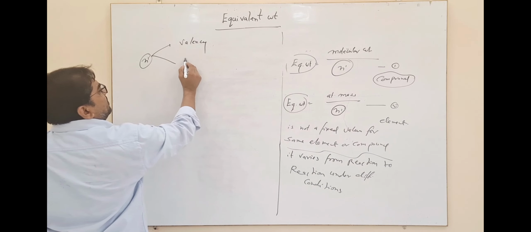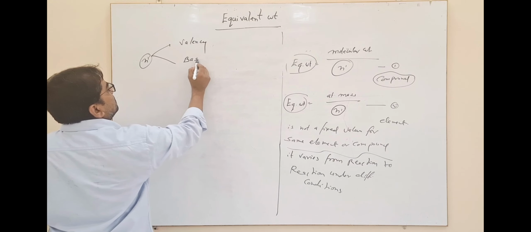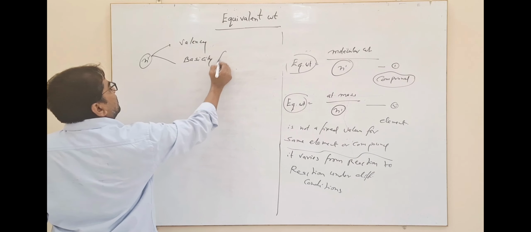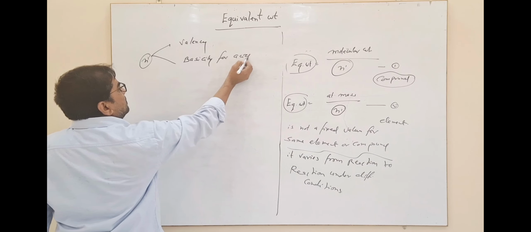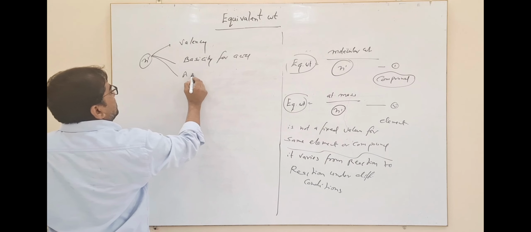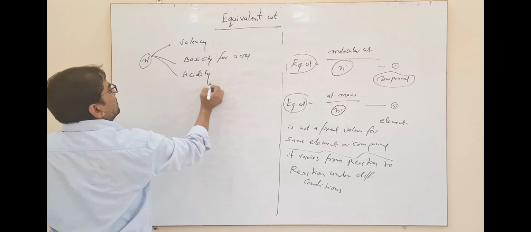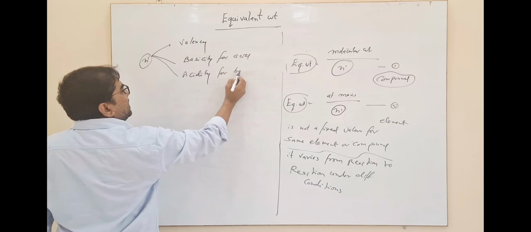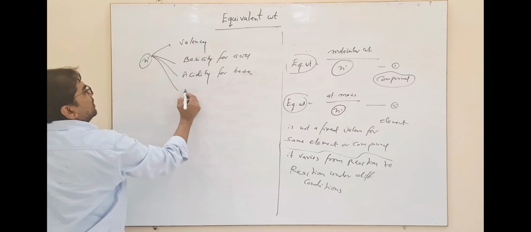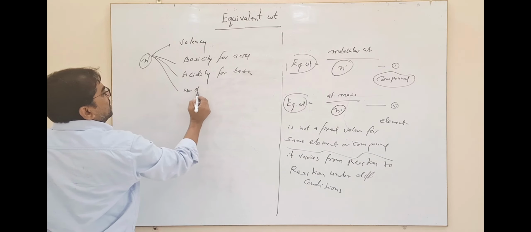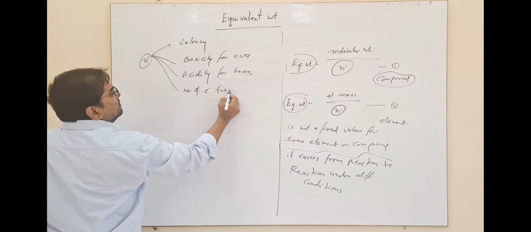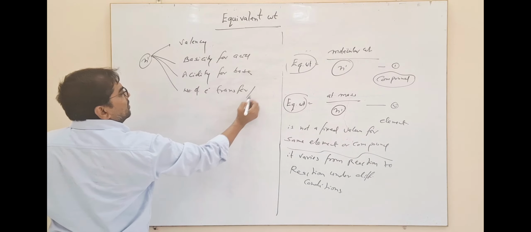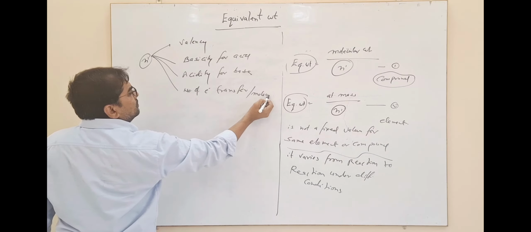N dash is the basicity. For acid, it is acidity. For base, it is the number of electrons transferred per molecule.